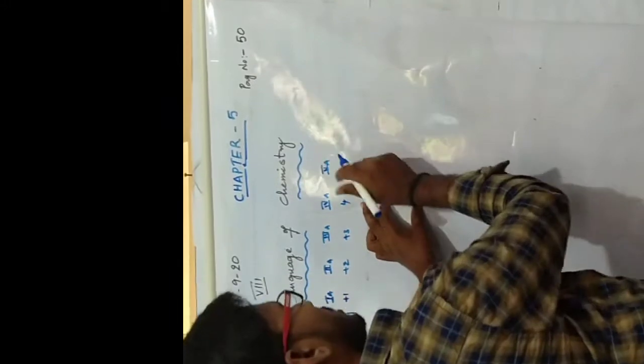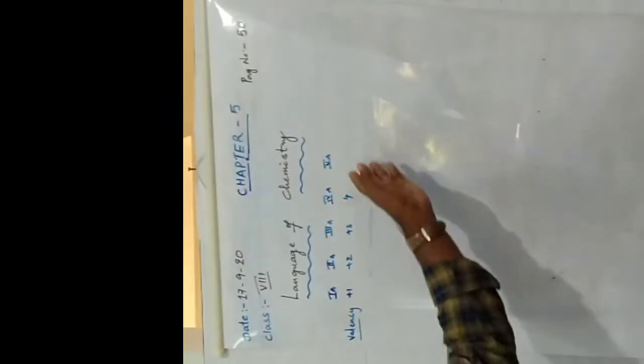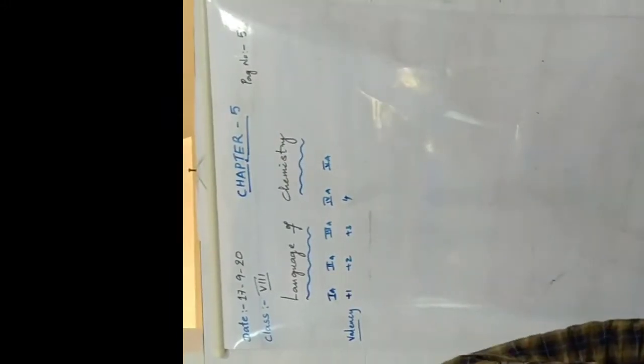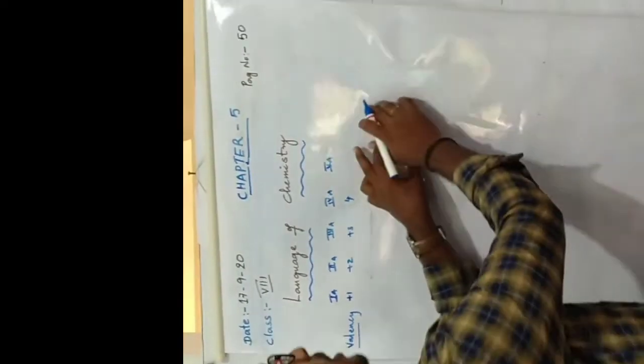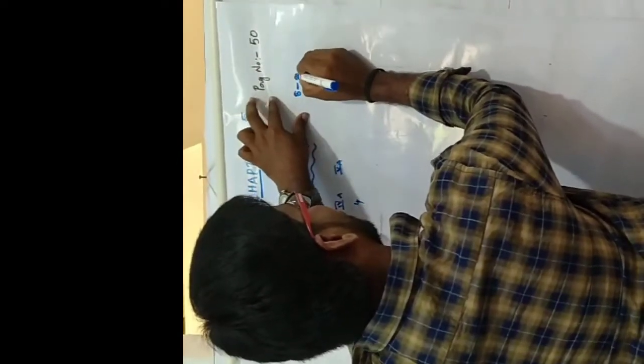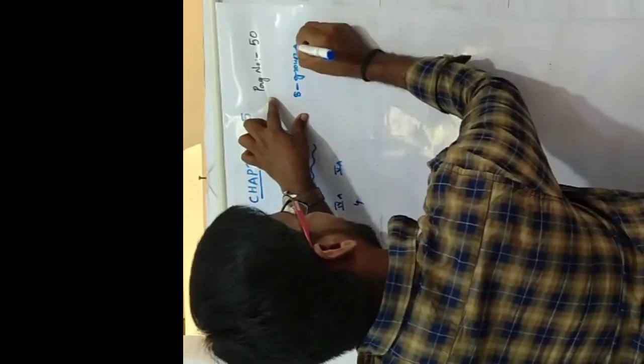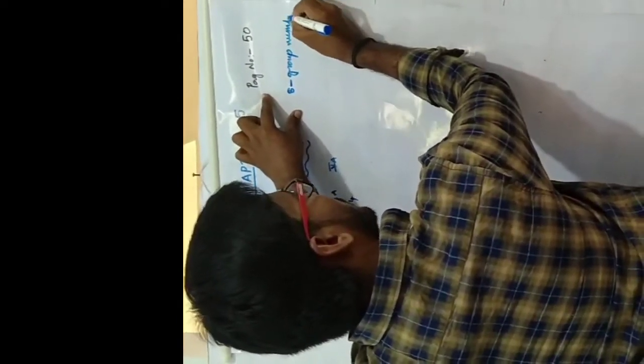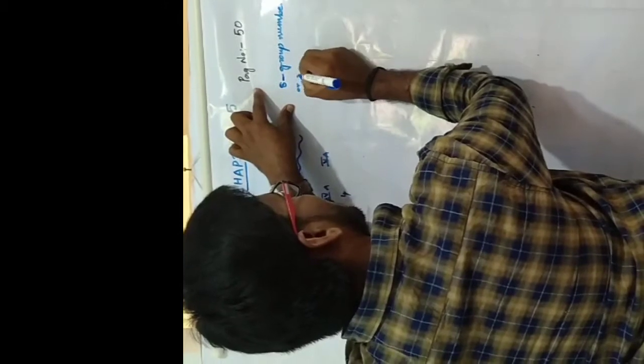Fifth A group elements to 8th A group belong to non-metals. Already you know the formula to find the valency of non-metals: 8 minus group number, or valence electrons.